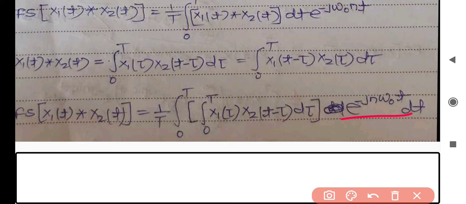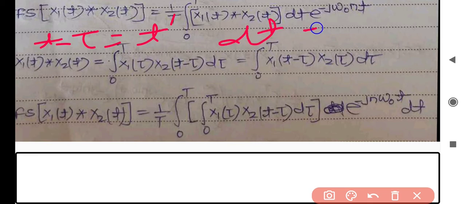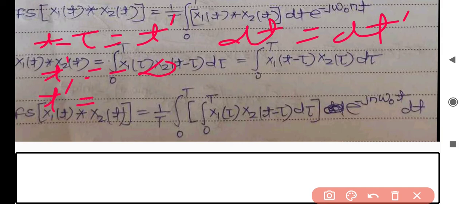Now here it is x2(t minus τ). We will replace this variable with a dummy variable t', meaning we put t minus τ equal to t', then dt will become dt'. The limits change: when t is equal to 0, t' will become minus τ, and when t is equal to capital T, t' will become T minus τ.